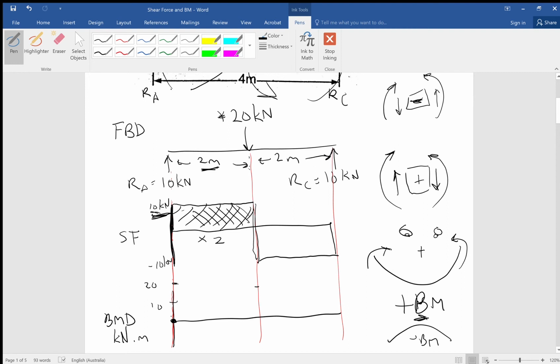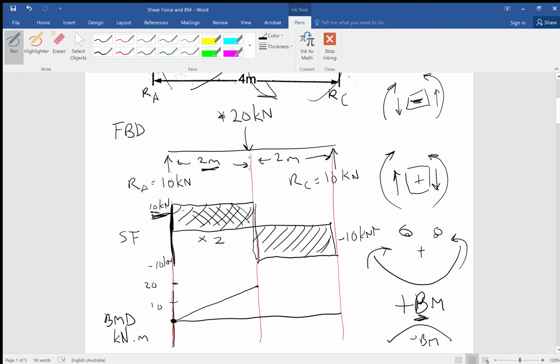Okay, so we're going to take our line as a straight line, not what I just did. We are going to draw a straight line to that point there. And then we look at our second area, which is going to be identical to the first one. It's going to be minus 10 kilonewtons times the 2 meters, so we end up subtracting 20 kilonewton meters.